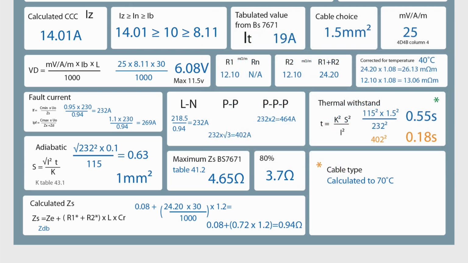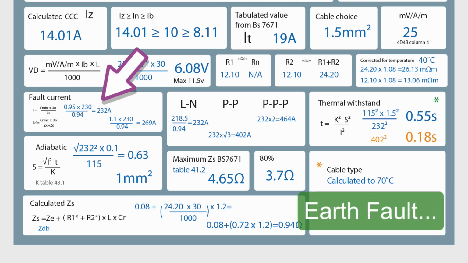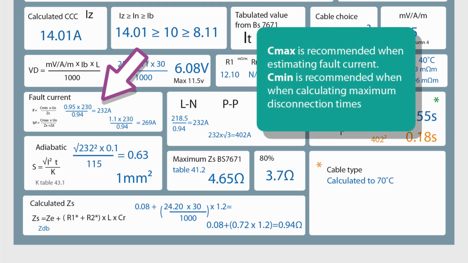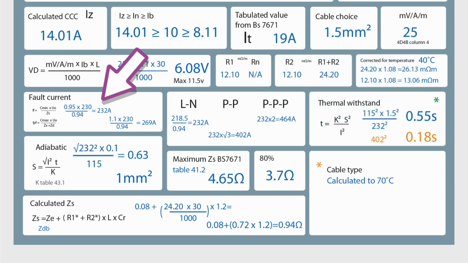So now we can calculate our fault current. Fault current is basically voltage divided by your ZS. We've also got a correction factor with this. Cmin is a factor that deals with voltage fluctuation in our installations. Voltage can fluctuate between 218.5 volts to 253 volts, and depending on what you're trying to calculate, you use either Cmin or Cmax.